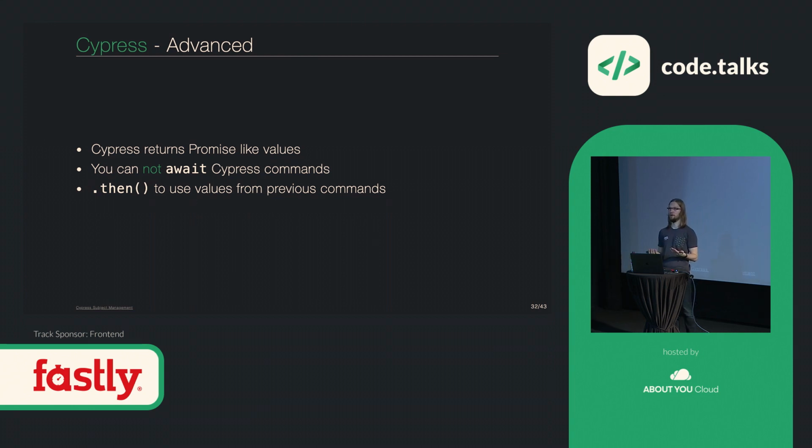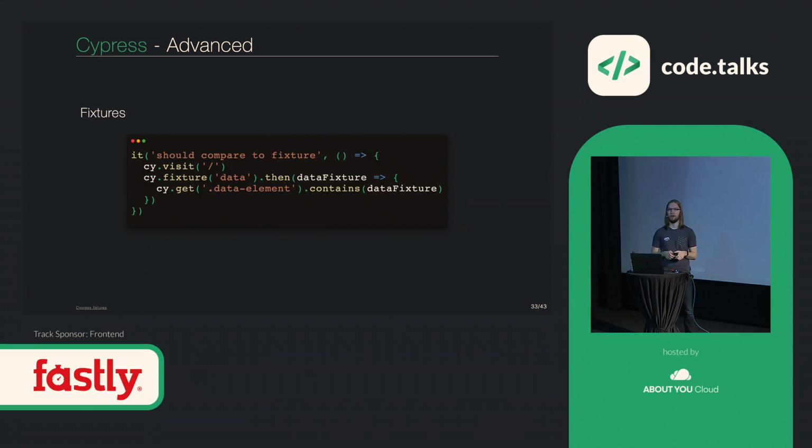But so far my experience is that you don't want to nest more than 2 or 3 times, and then it still stays fine. If it becomes a problem, there are a few ways around it. One would be to bring in a library that lets you await these things. But really what happens under the hood is that all the commands are scheduled with Cypress, and it then takes care of running them.